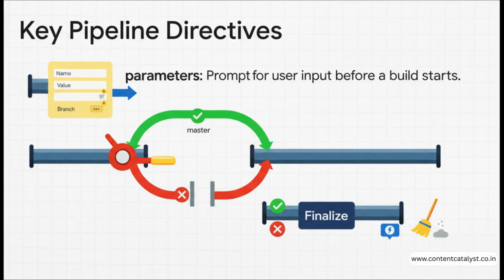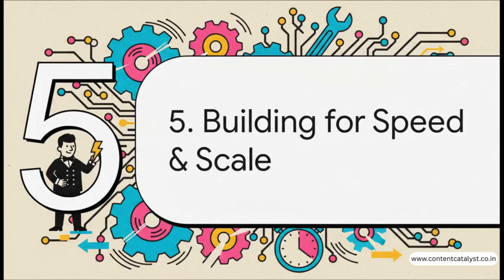The when directive is awesome for adding logic. For example, you can say only run the deploy to production stage when the branch is master. And post is perfect for cleanup or sending notifications, letting you say always send a Slack message whether the build passed or failed.